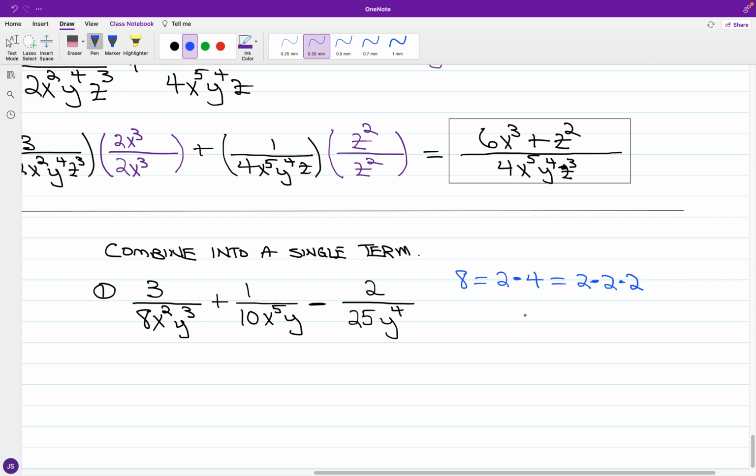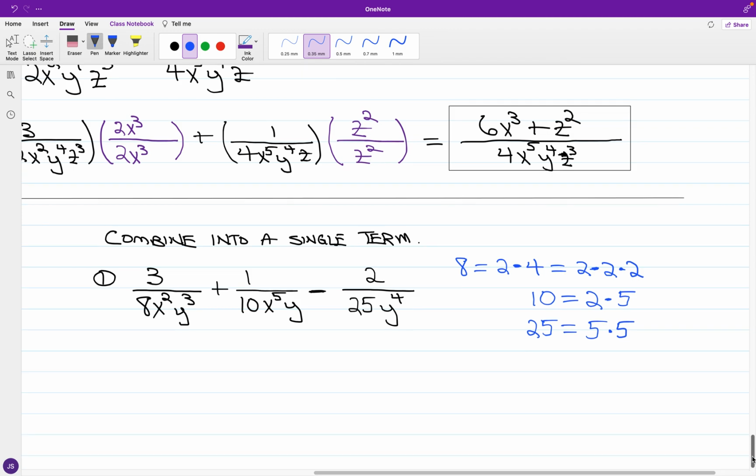For the coefficient 10, this will go to 2 times 5. Both 2 and 5 are prime numbers, and guess what? For 25, this factors out to 5 times 5. And so we got prime factors.